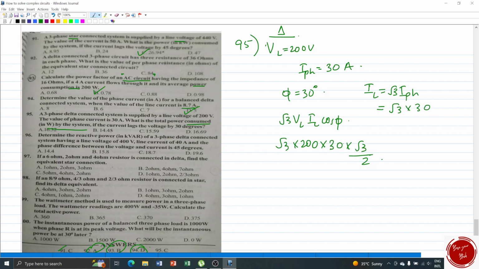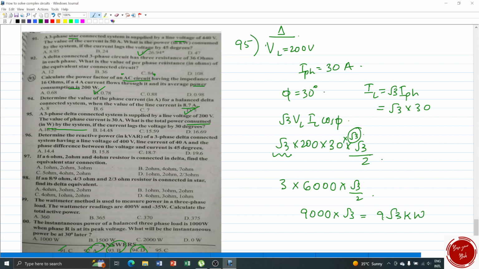So I will club this root 3 and this root 3 to make 3. So 3 into 2 into 3 is 6000 into root 3 by 2. 6 by 2 is 3, 3 into 3 is 9, so 9000 into root 3.